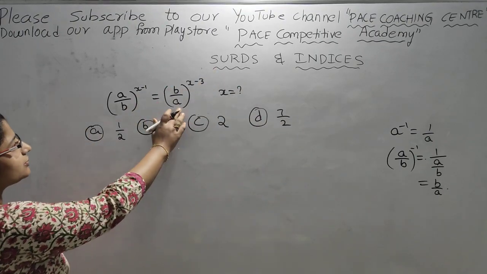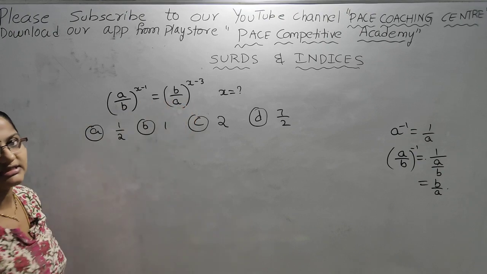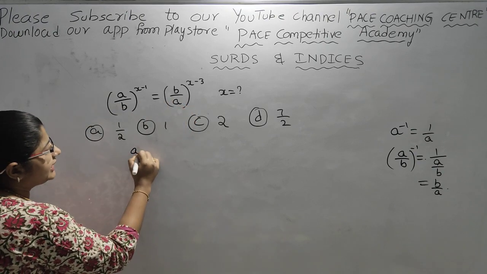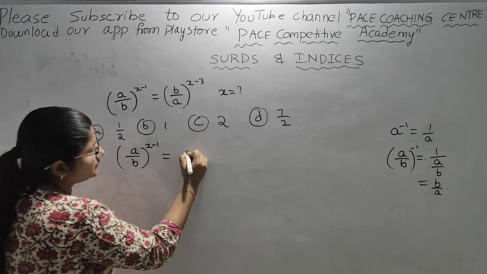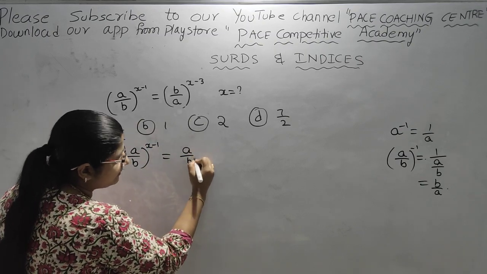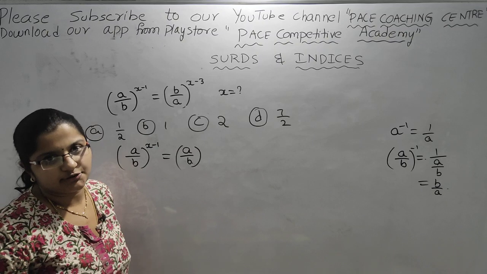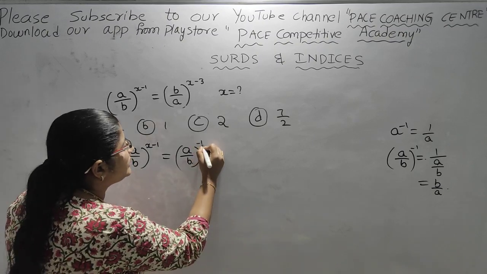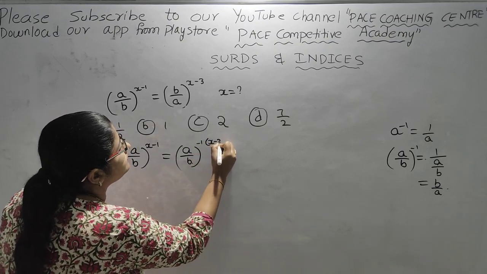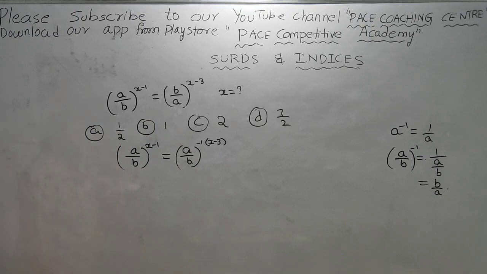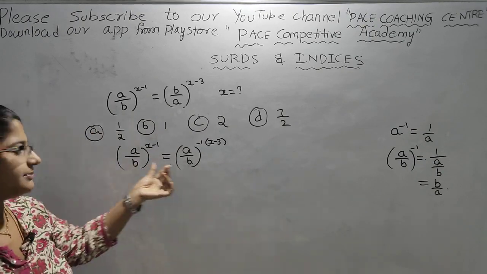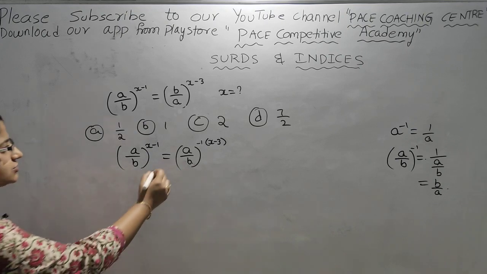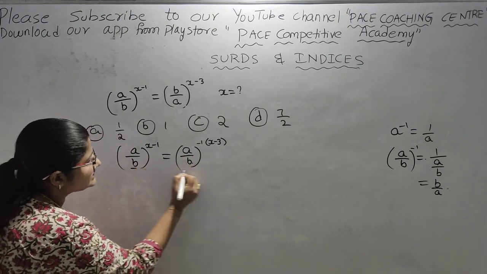So I am doing the same thing in order to make the bases same. So A by B whole power x minus 1 is equal to B by A is converted into A by B whole inverse into x minus 3. The same thing I have applied here in order to make the bases same. Okay, so now the bases are same.